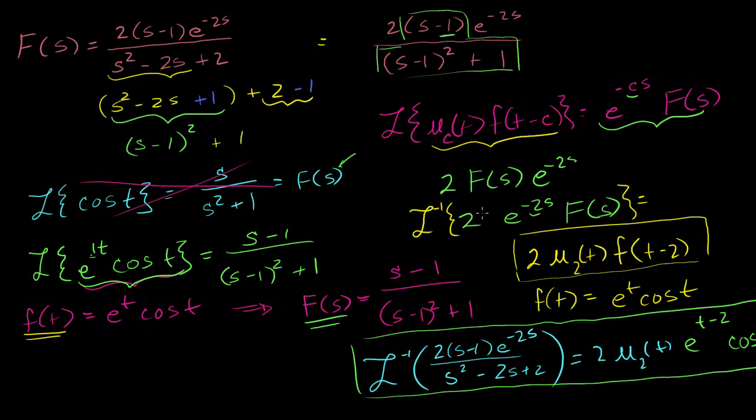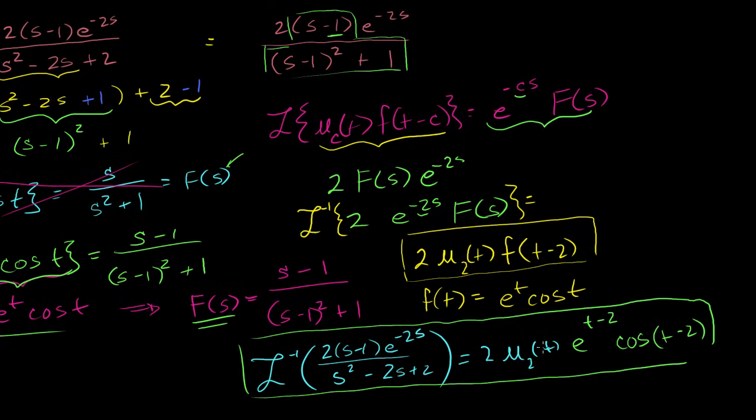I just throw the 2 out there: the 2 times the unit step function times my f of t shifted by c. And we established this was our f of t. So we just shifted it by 2, and we got our final answer. So this is about as hard up to this point as you'll see an inverse Laplace transform problem. So hopefully you found that pretty interesting.